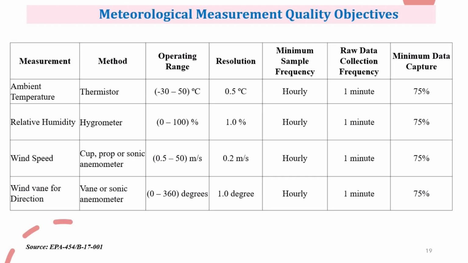Wind speed will be measured with an anemometer ranging from 0.5 to 50 meters per second with a resolution of 0.2 meters per second. Wind direction will be monitored using a vane covering 0 to 360 degrees with a 1 degree resolution. We'll sample each parameter every hour and collect raw data every minute, ensuring we capture at least 75% of the data for reliable assessment.